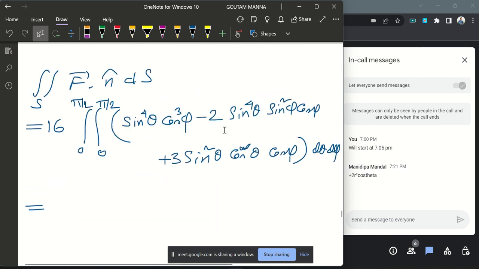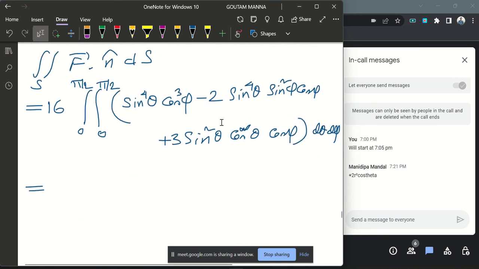And now if you do this integration, I have already done this integration, I'll just write the answers. If you do this phi integration, cos cube phi d phi from 0 to pi by 2, it will be 2 by 3.